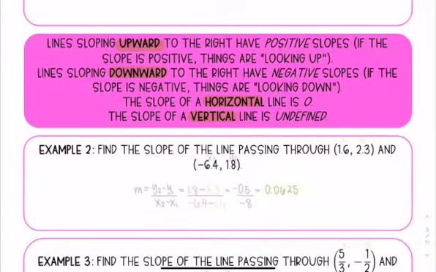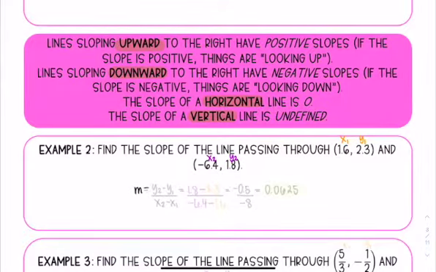So let's go ahead and find the slope of the line passing through the points (1.6, 2.3) and (-6.4, 1.8). So again, I just like to label mine in order, but it doesn't matter. We've got x1, y1, and x2, y2.